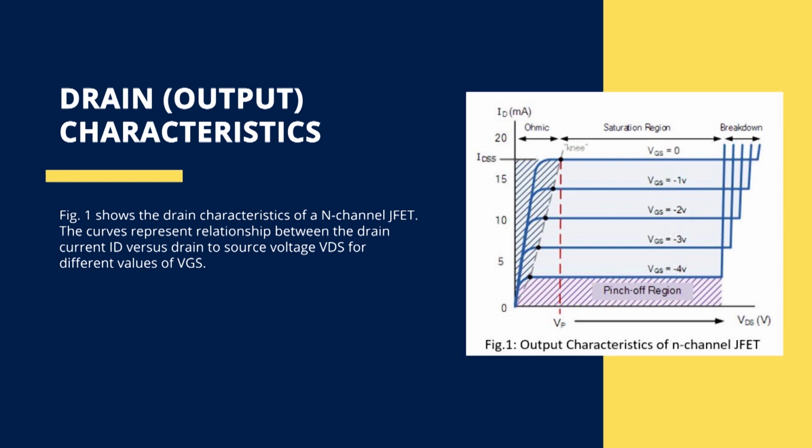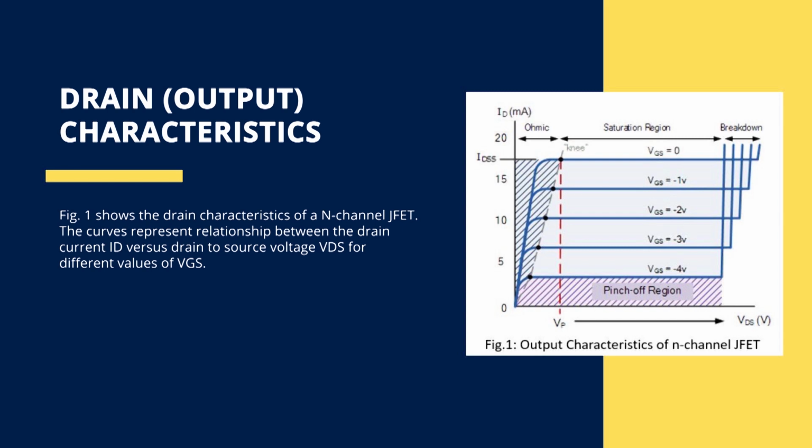This is known as the knee voltage. Here we can see Vp mentioned in the curve. Post the pinch-off voltage the current goes in a straight line. This shows the current is saturated and almost a constant current is flowing in the circuit after the drain voltage reaches the saturation value.